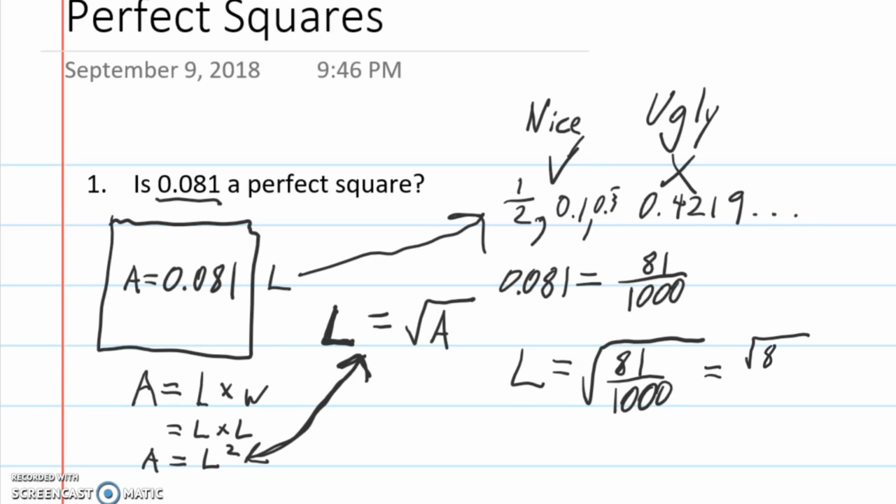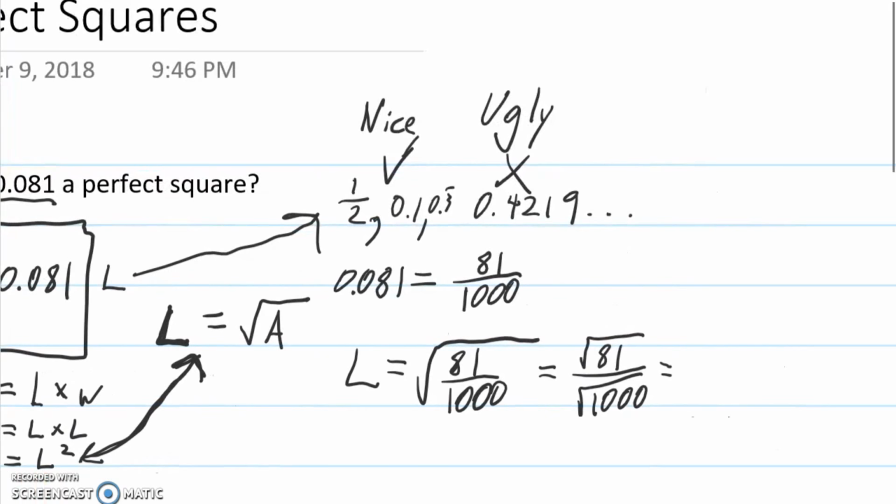But now let's look at this. Square root of 81, square root of 1,000. Is that doable? Is that a perfect square? Okay, so square root of 81 is 9.